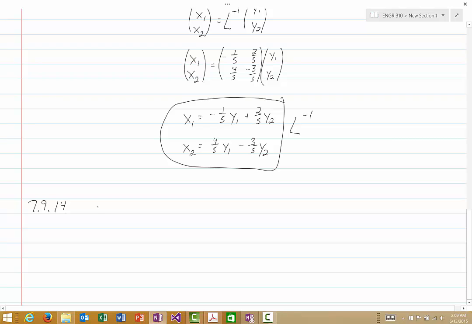And the given transformation in this case is y1 is equal to 0.2 x1 minus 0.1 x2. y2 is equal to minus 0.2 x2 plus 0.1 x3.